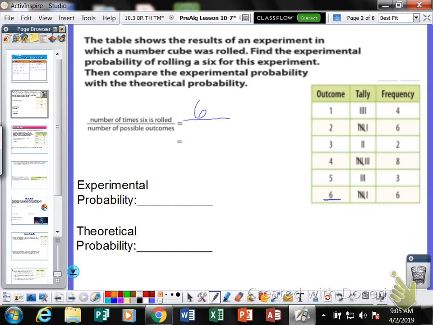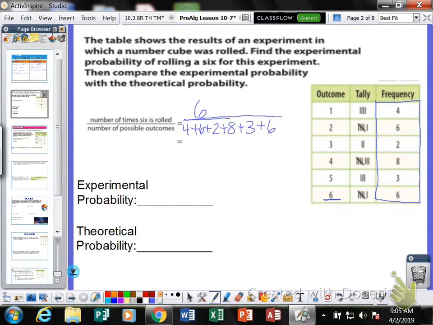Okay, and the number of possible outcomes. Number of possible outcomes is all of our frequencies here. So we have to add up all of these numbers to find our number of possible outcomes. Okay, so we're going to add up 4 plus 6 plus 2 plus 8 plus 3 plus 6.